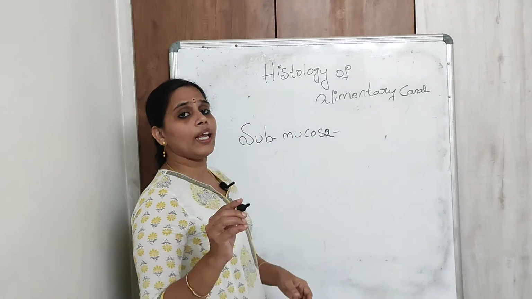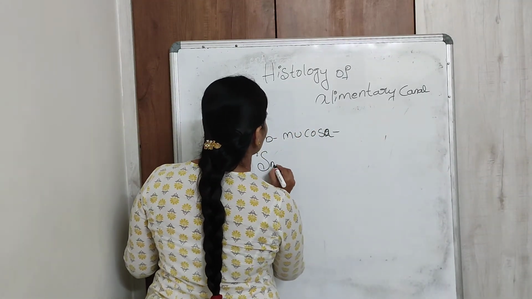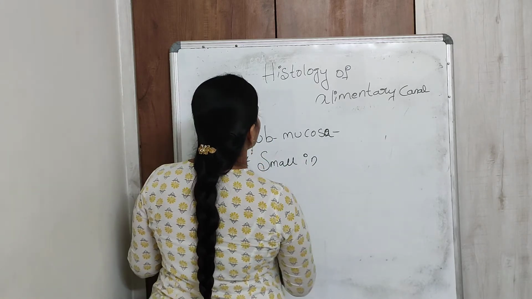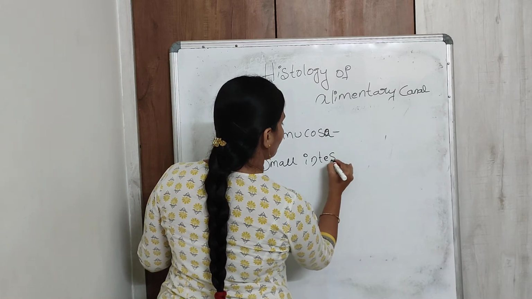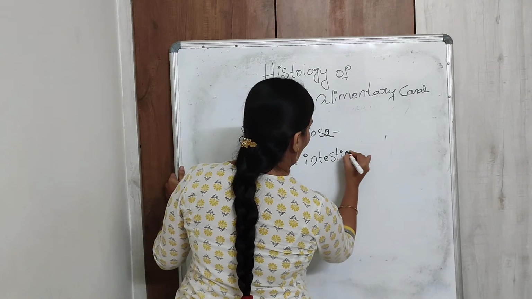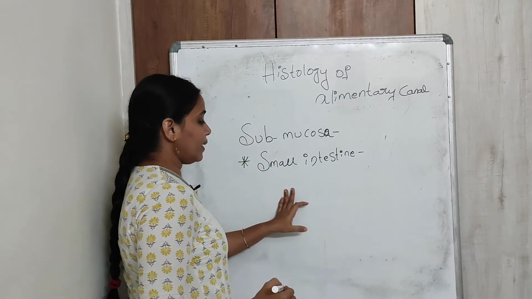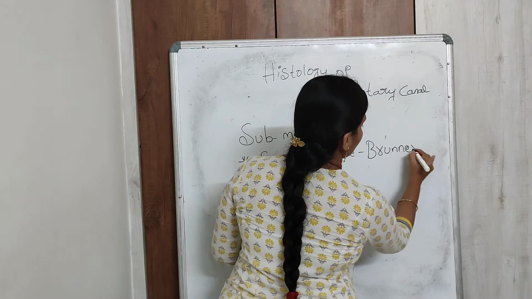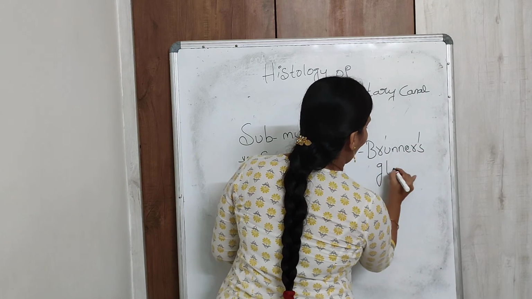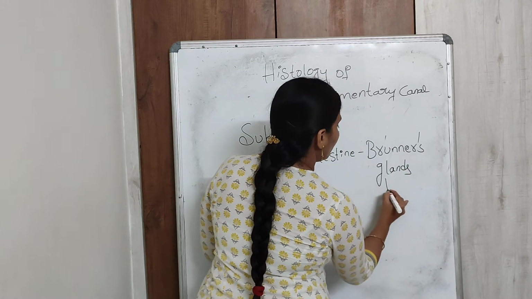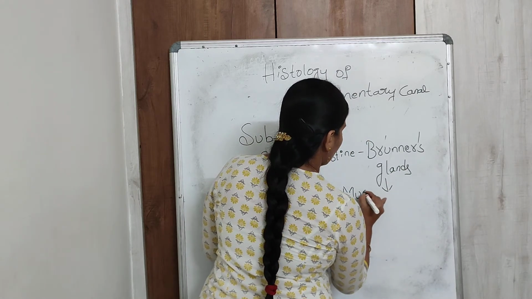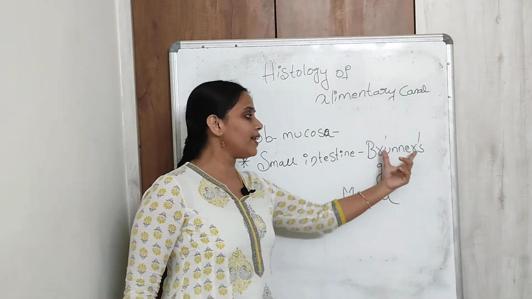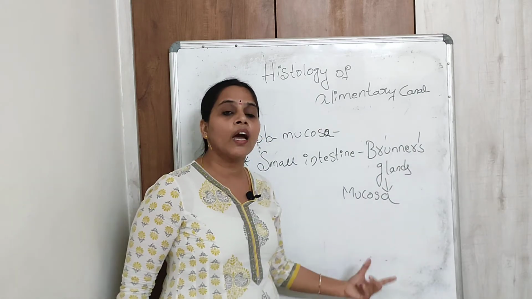The submucosa layer which is present in the small intestine contains Brunner's glands. And these glands will secrete mucus. So the submucosa layer present in the small intestine contains Brunner's glands which secrete mucus.